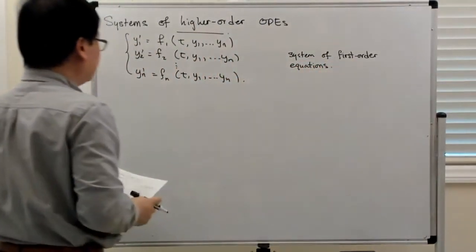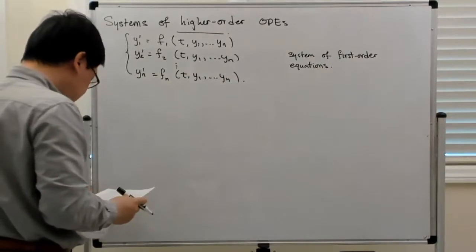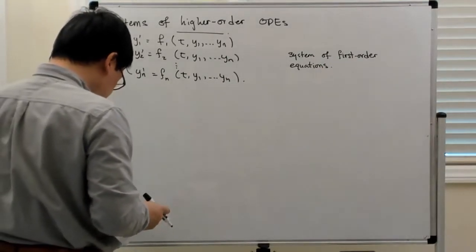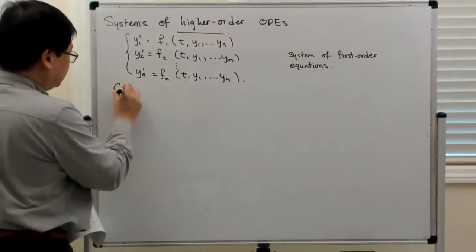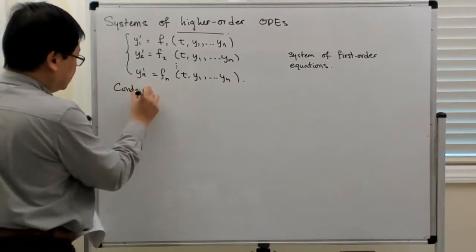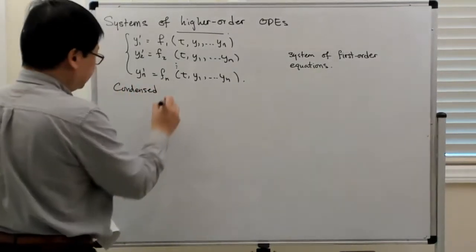And of course, what you can do is write this compactly in vector notation. Okay, so there's a condensed sort of vector notation.